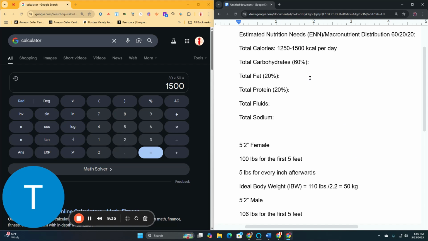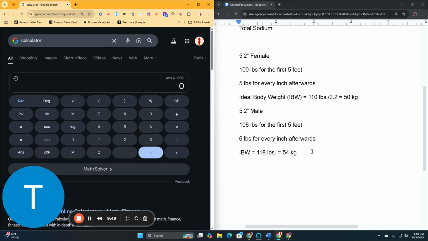So then we have to take the calories and figure out how many grams of carbohydrates this will yield, right? And so for carbohydrates, 1 gram of carbohydrates equals 4 calories.